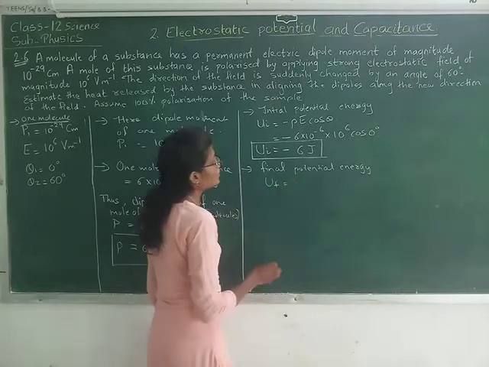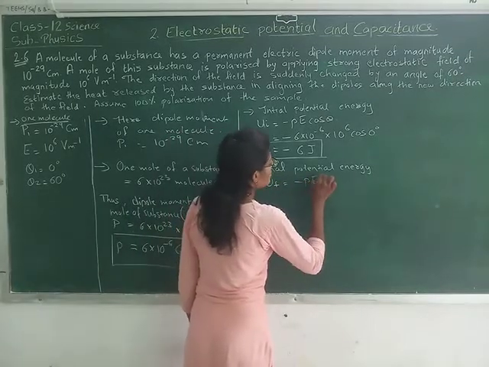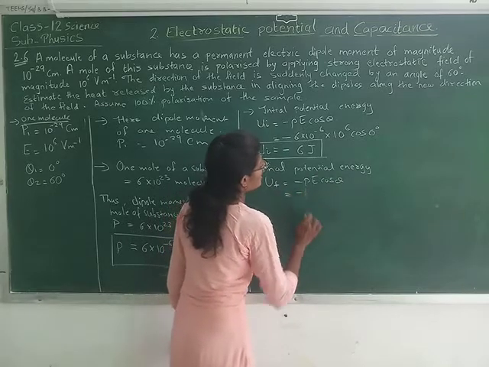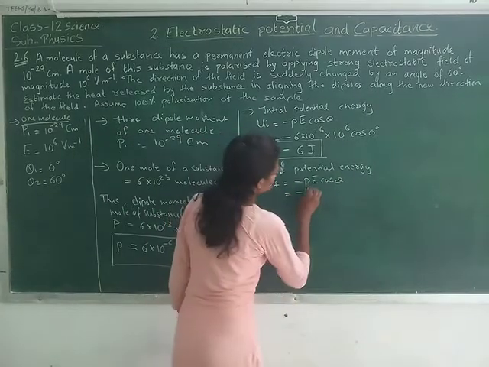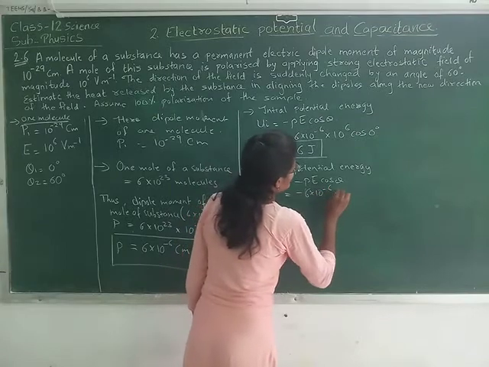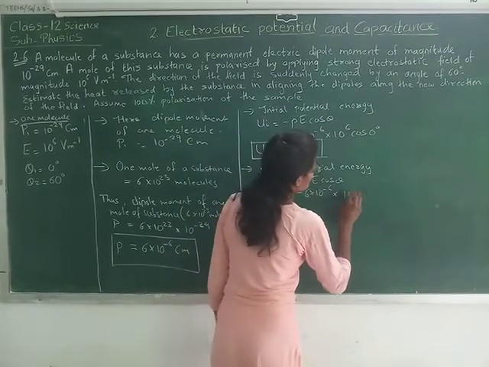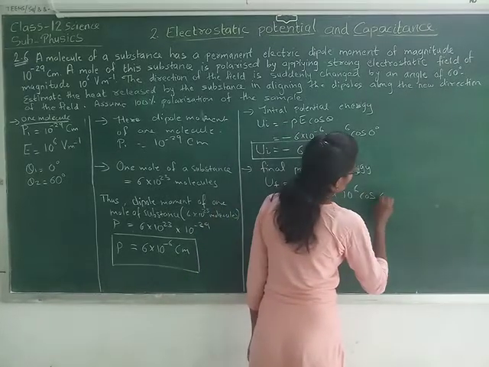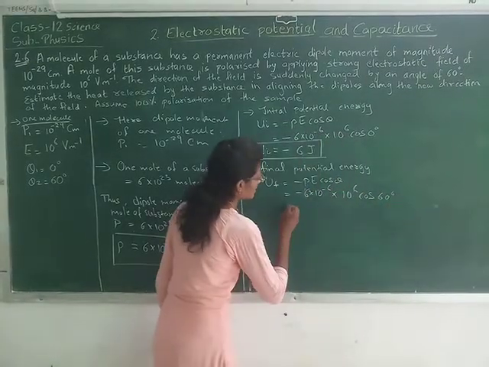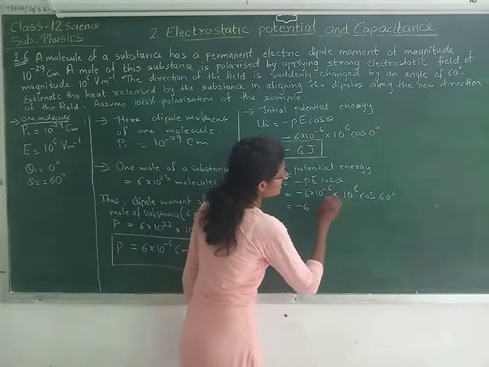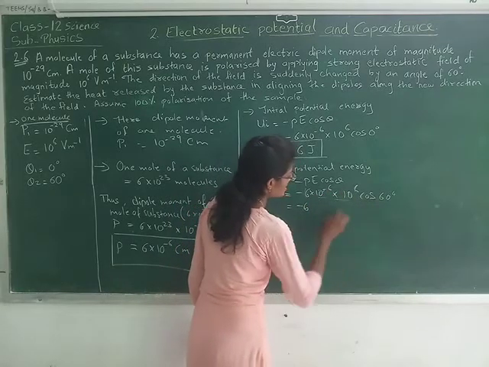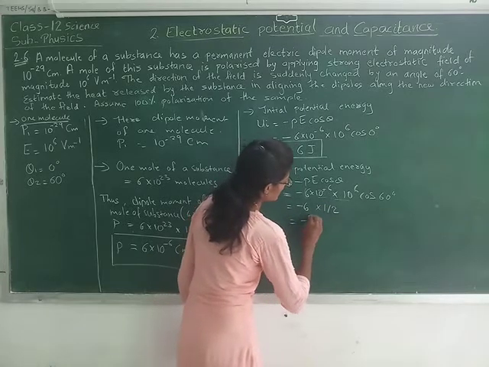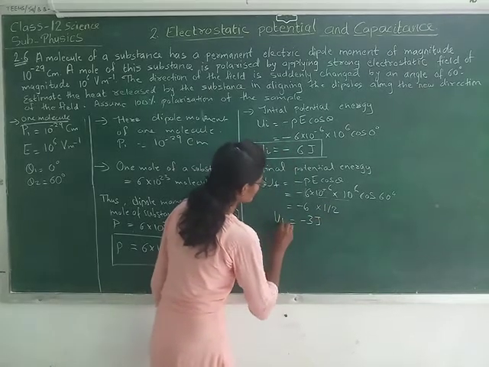So UF, again we will be using the general formula, that is minus dipole moment 6 into 10 raised to minus 6, electric field 10 raised to 6, and the angle between them is cos 60 degree, right? So that is minus 6, this gets cancelled out, and cos 60 degree is 1 by 2. So it is minus 3 joule.